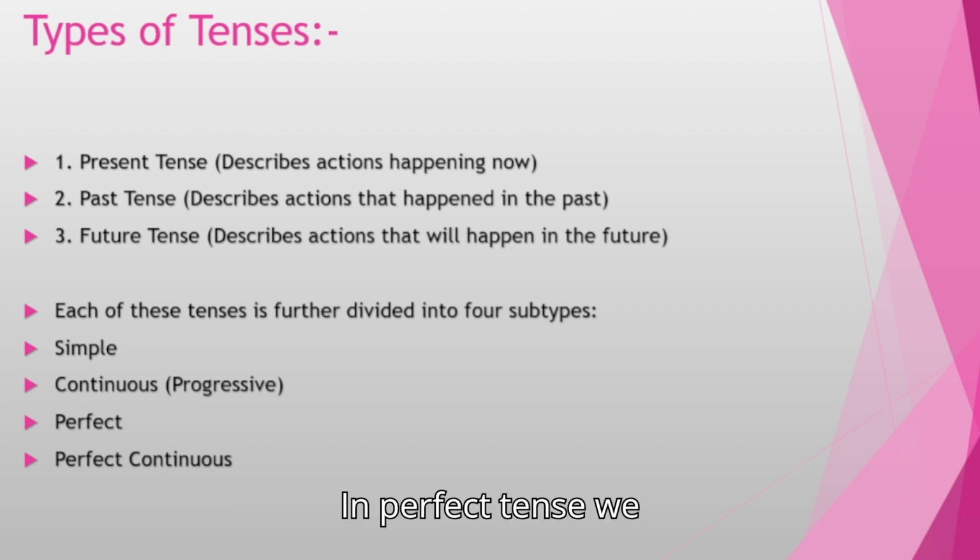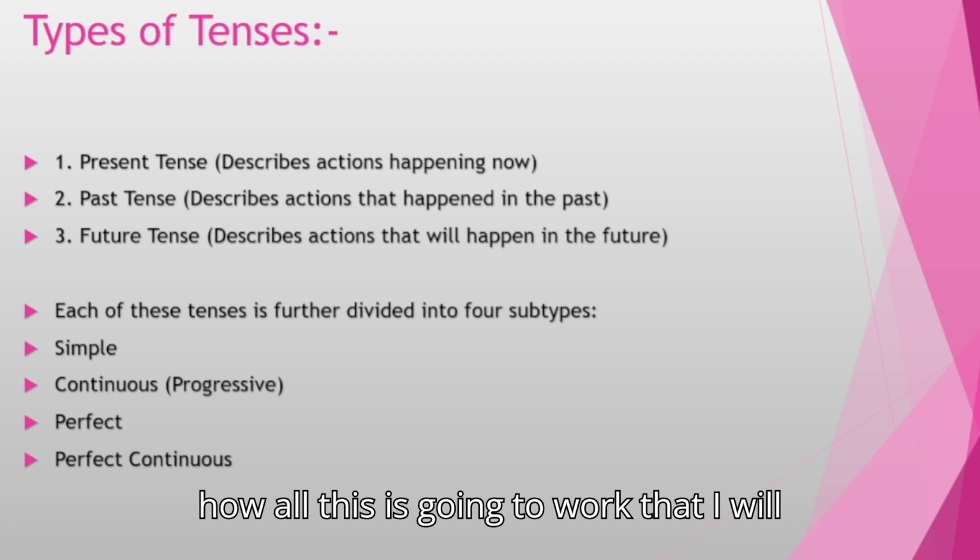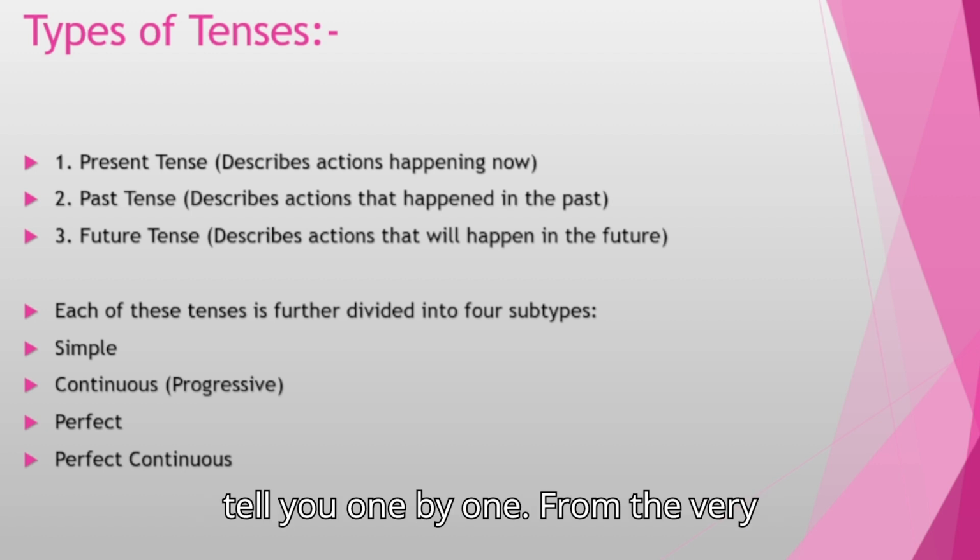In perfect tense, we refer to completed actions with reference to time. And perfect continuous, in that we will use ongoing actions with the time duration. So how all this is going to work, that I will tell you one by one.